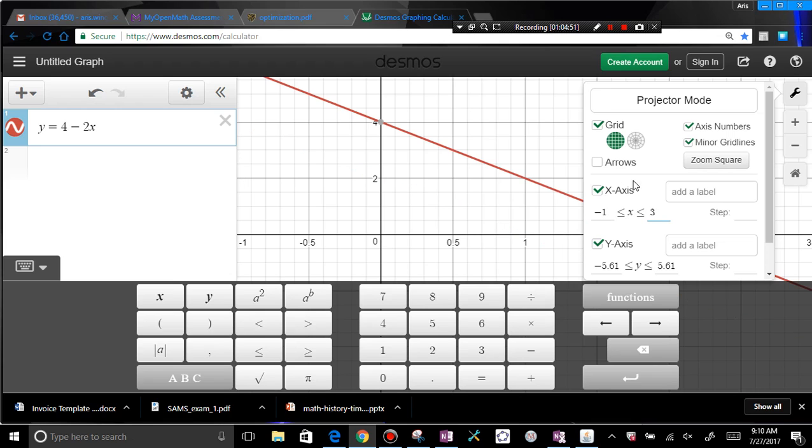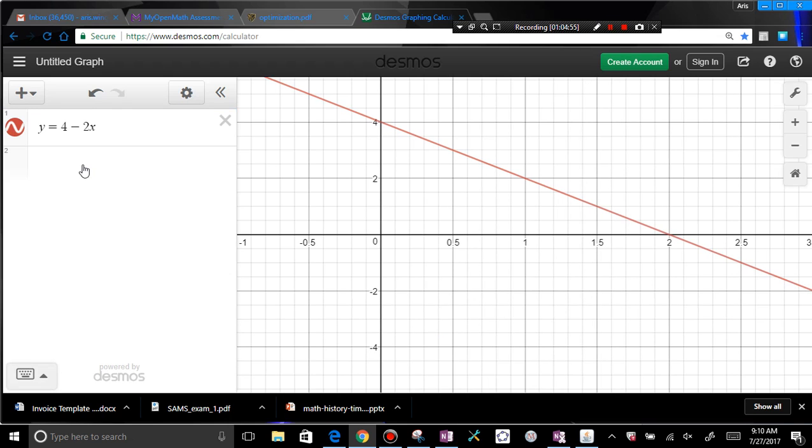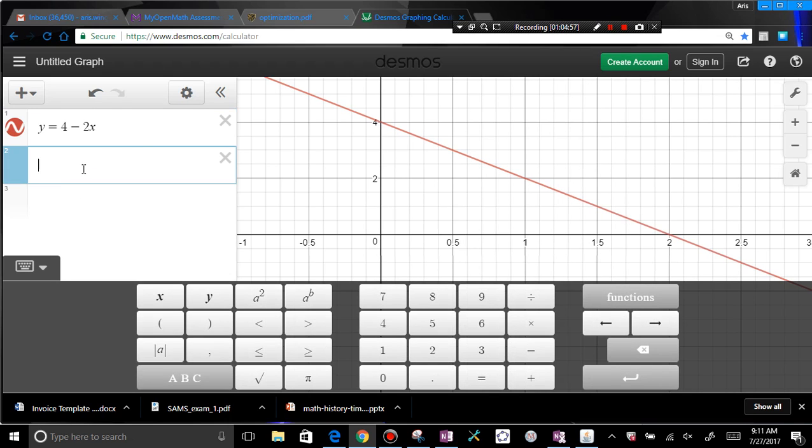0 to 3. And then what's this other point we got? What's the point that we just got? 1.6 comma 0.8. All right, so what line is that?